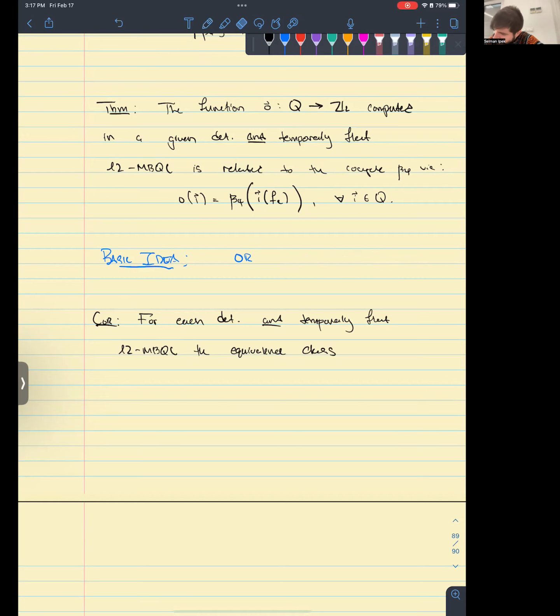So again, we are making the assertion that OR and AND are more or less at the same level of computational difficulty.